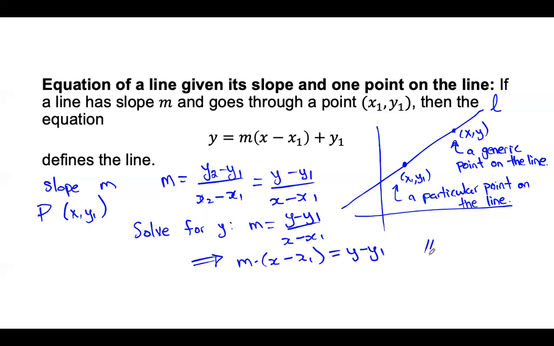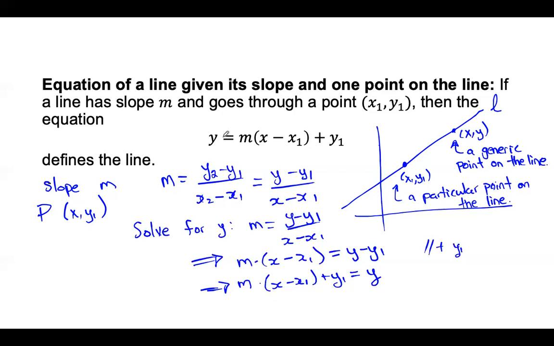We can then add y1 to both sides, to get m times (x minus x1) plus y1 equals y, because we're isolating here for y.